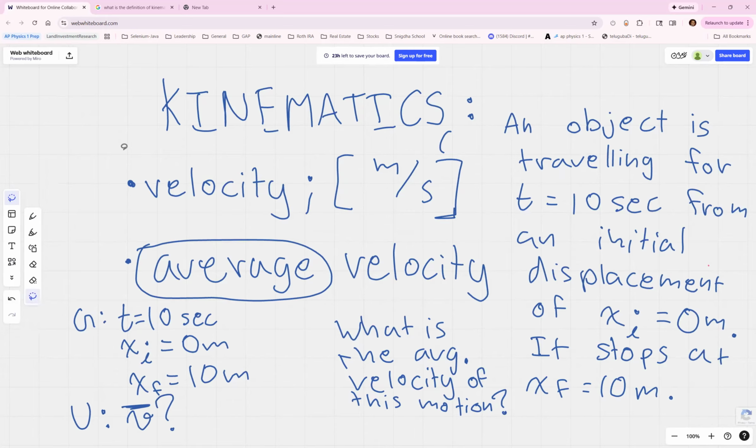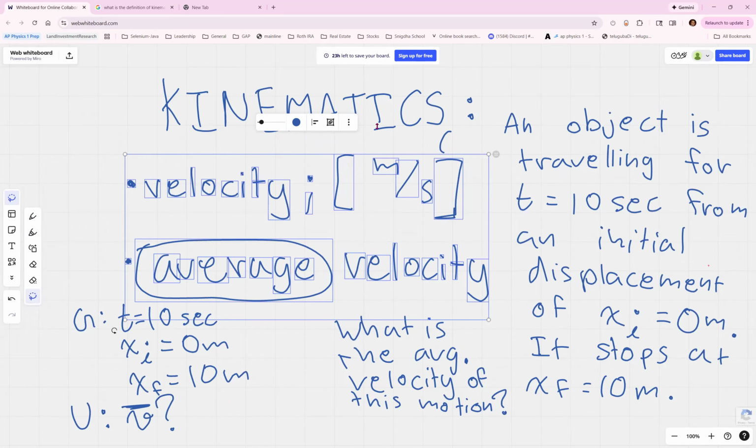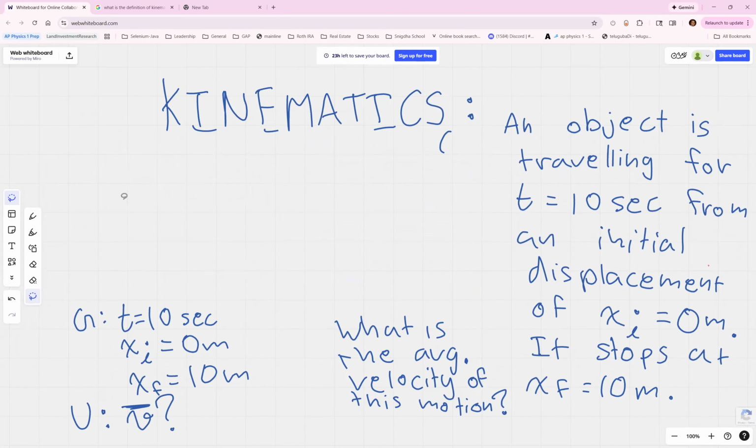Okay, so let's erase this so we have a little bit more space. Make sure that you got all of that written down. So now E stands for your equations. You have your unknown values and you have your given values.